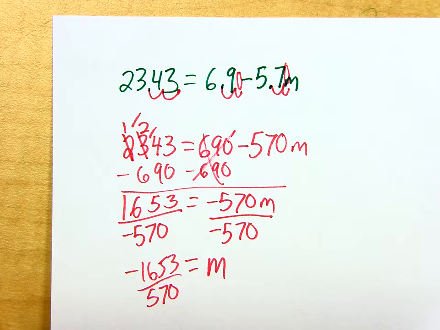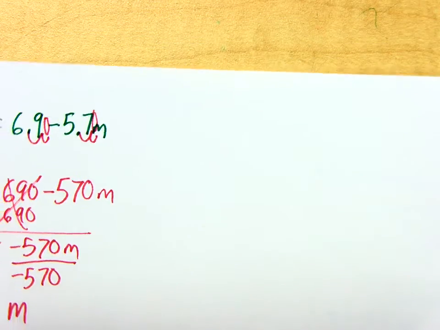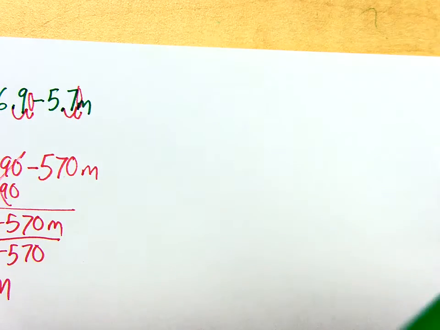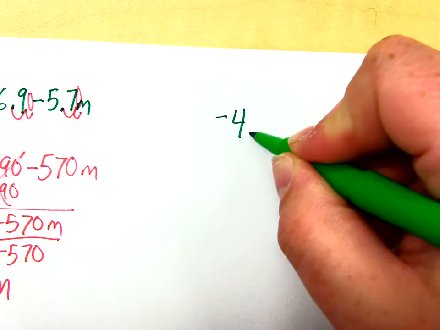Want to try another one? Okay, good. Let's try, I'm just going to make one up. How about negative 4.2.